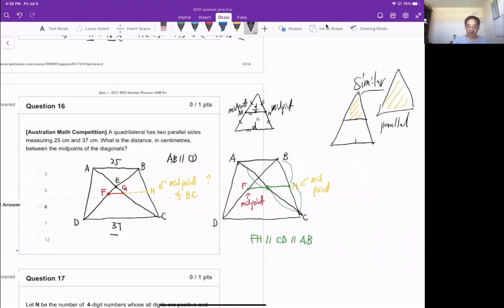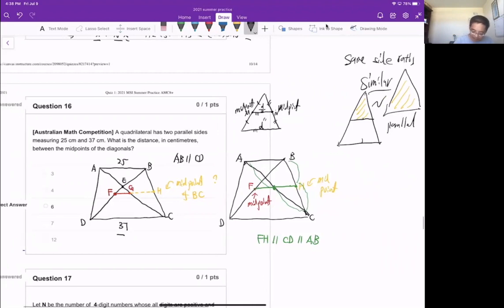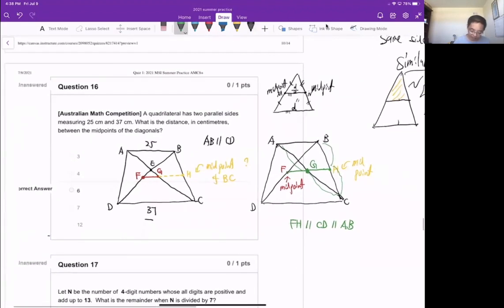Similar means two triangles have different size, but the same shape, or the same side ratios. Okay, so then this point has to be the middle point of AC, right? So this tells us why, if I extend it, the edge has a middle point of BC.